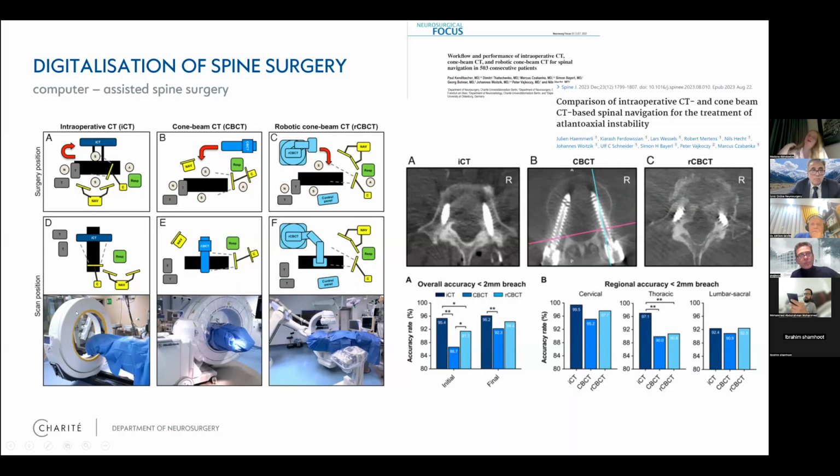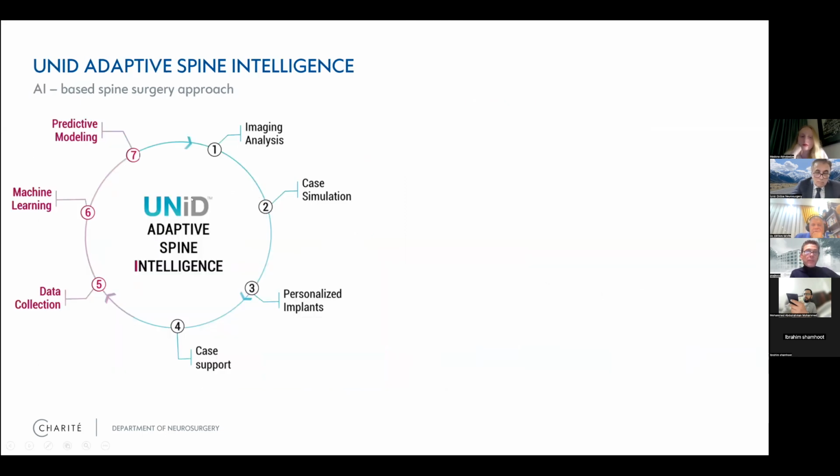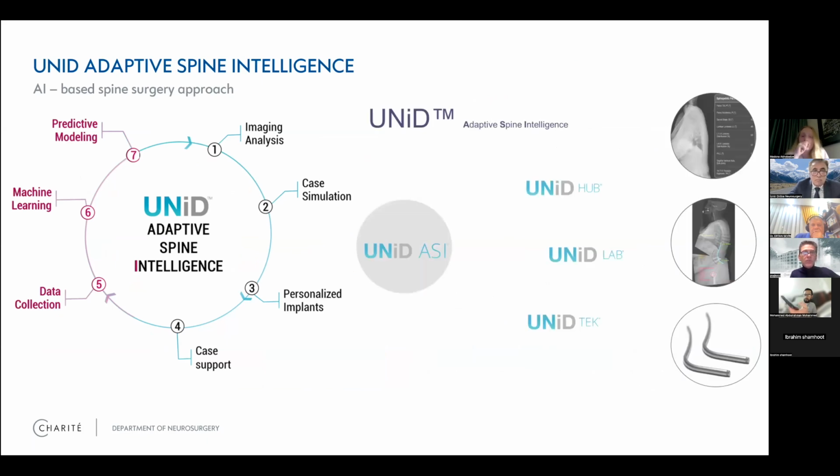So this is our setup. We have an intraoperative CT. We have the Dyna CT, and we have a robotic Dyna CT in different ORs that we are using. And with all these systems, we are at more than 95% accuracy. And here you can judge the quality of the imaging. And this is what I mentioned with the customized rods. We are customizing today also the cervical rods.